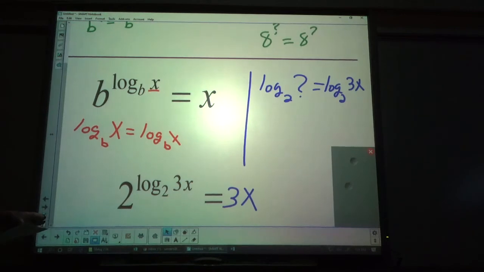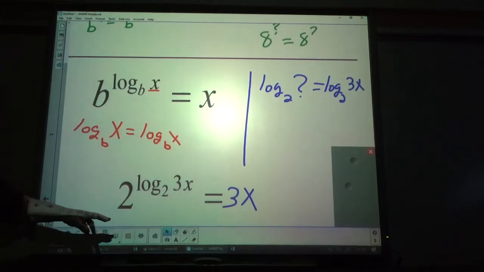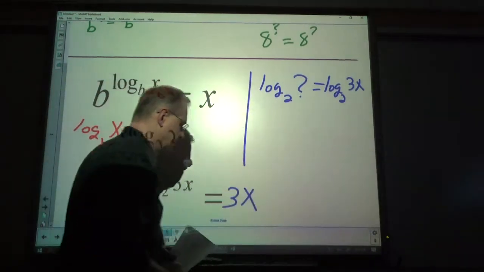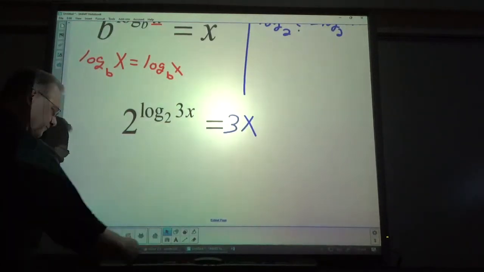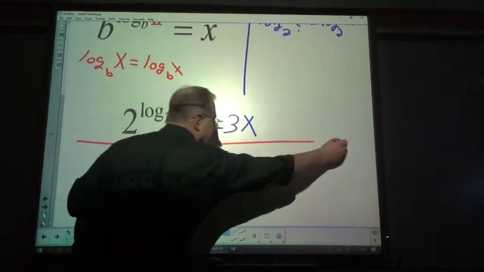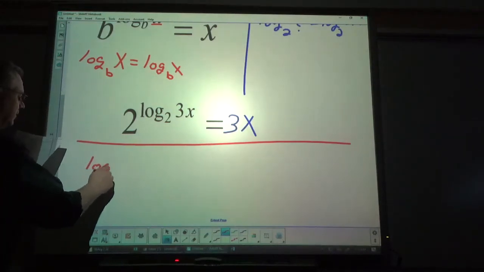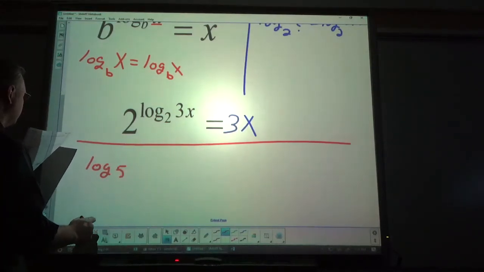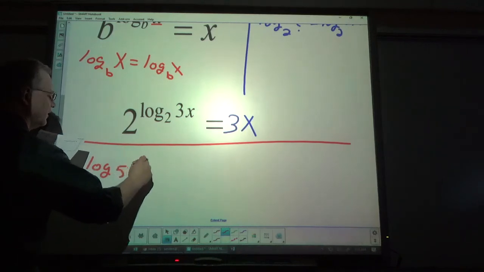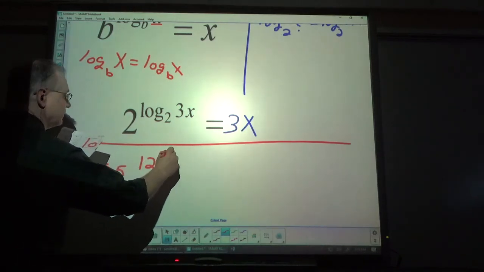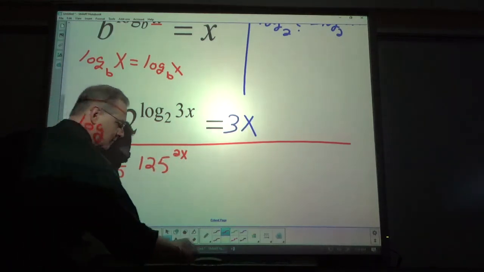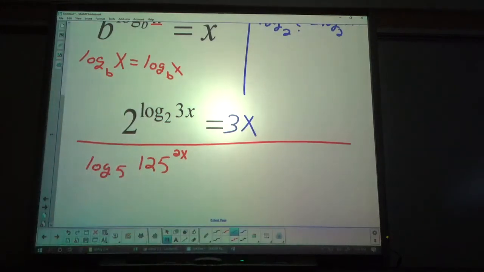I do want to do one more. Let me just get rid of this, extend it, and let's take a look at this one. Log base 5 of 125 to the 2x. Well, wait a minute.